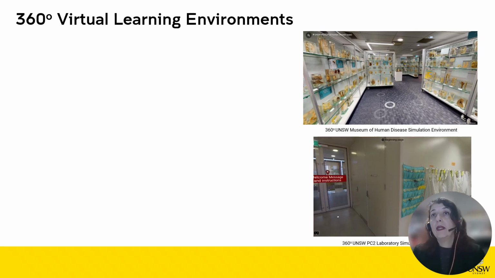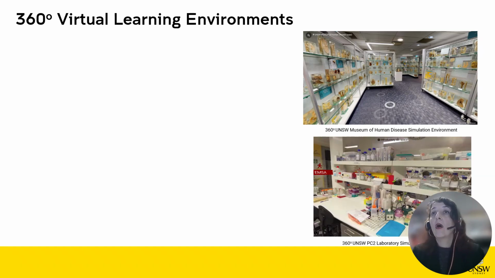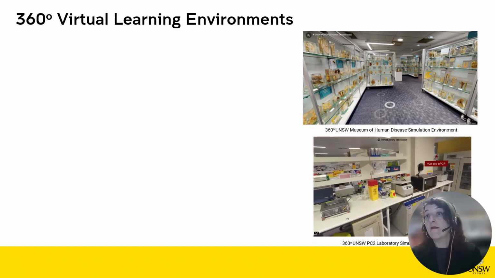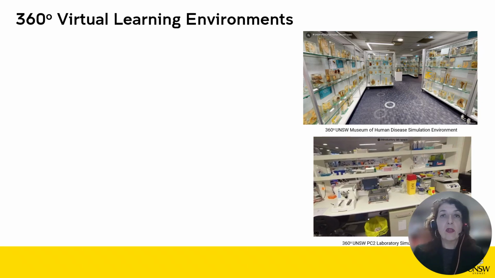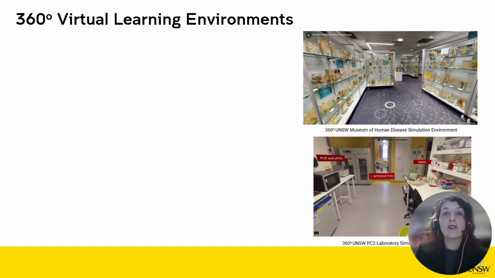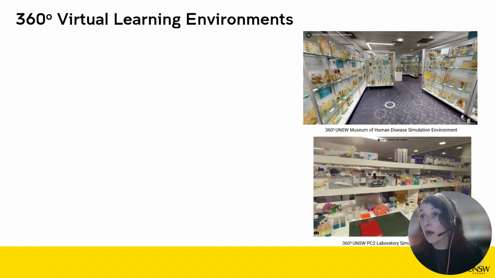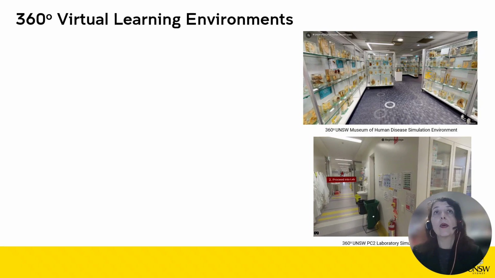On the top image there, we have an image of the 360-degree view of the Museum of Human Disease, which is a simulated environment of the real Museum of Human Disease that we often use to introduce our students to the way we present various pots and various diseases that we think about in our coursework.